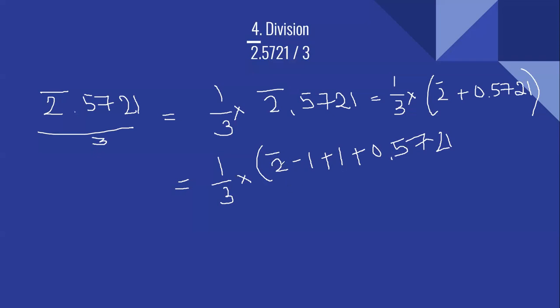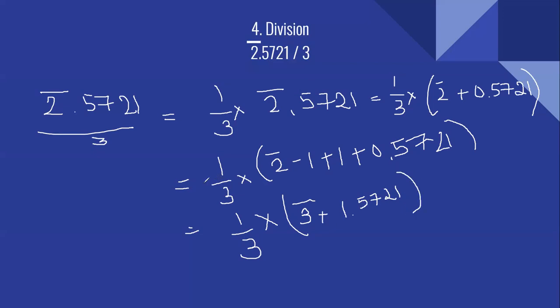Now we know that 2 bar is minus 2, and minus 2 minus 1 is minus 3, and minus 3 is again nothing but 3 bar, and then we have an additional 1 here which gets added with the decimal number. So therefore it becomes plus 1.5721.